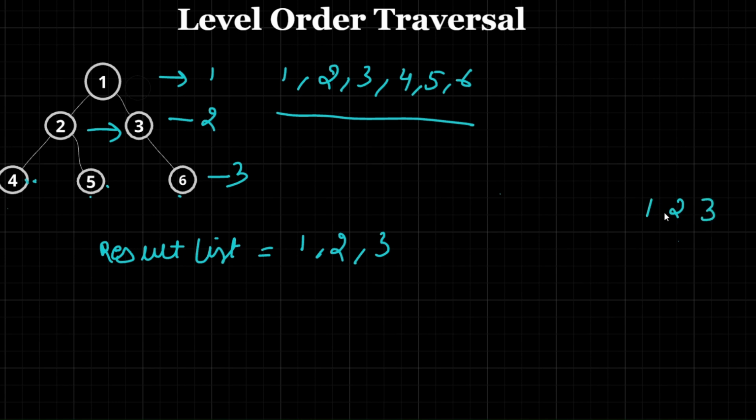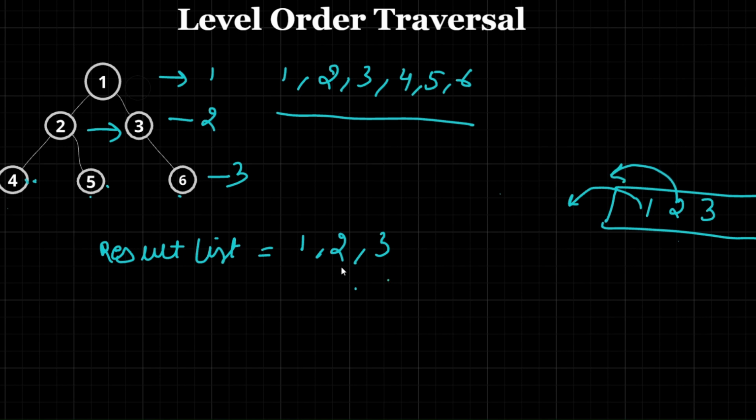Now how do I want to store the result in the result list? Let's suppose this is any container. After inserting 1, I want 1 inside my result list. Then after that I have placed 2 and 3. Then I want to remove 2 as well after 1.